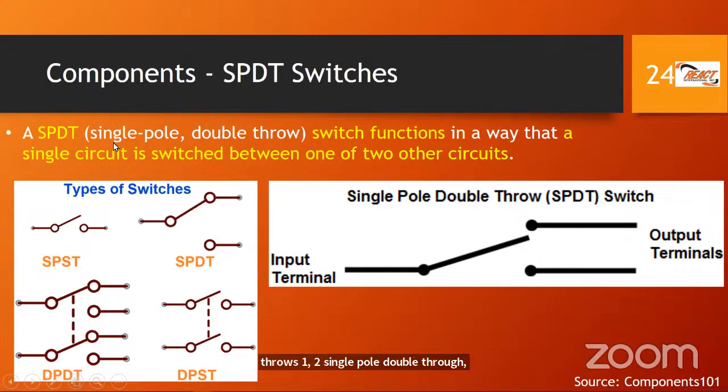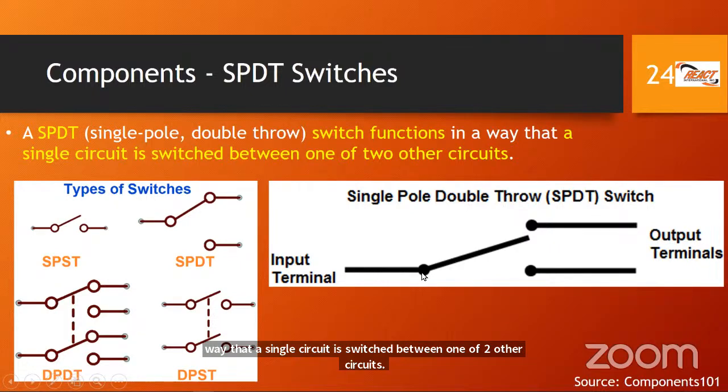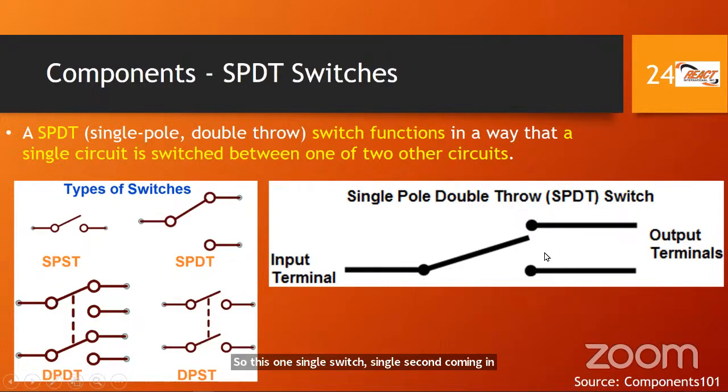And for the exam, we need to know this bullet point here. An SPDT, and SPDT means single pole double throw, switch functions in a way that a single circuit is switched between one of two other circuits. So this one single circuit coming in here, and you have two other circuits here.